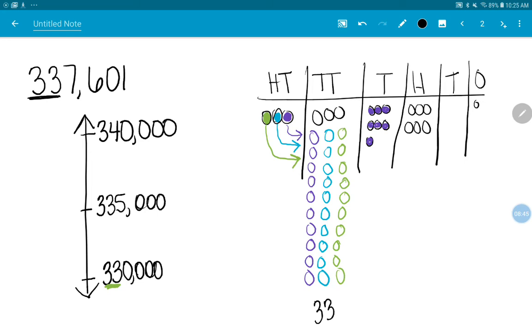Where does 337,601 go on our vertical number line? Right above 335,000. Yeah, it's more than 335,000. We go somewhere in this area.